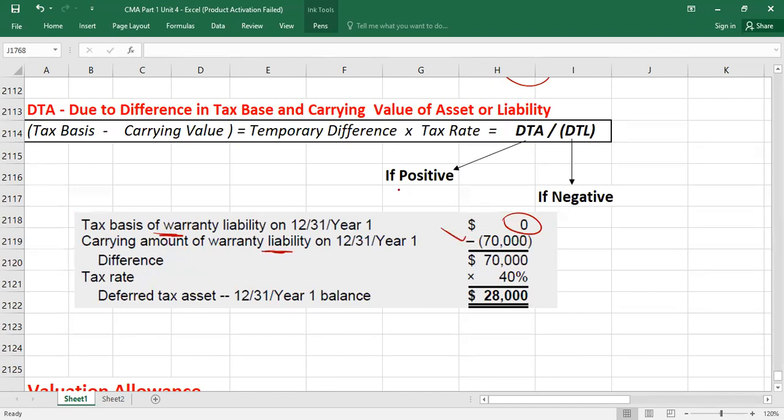When you record warranty expense, you know what entry you pass: you record warranty expense to warranty liability. So the liability was how much? 70,000. This has accrued, which means you have booked it in accounting, as he told you in the question. So 0 minus 70 times 40%, so 28,000 would be the deferred tax asset. This is the asset-liability approach.